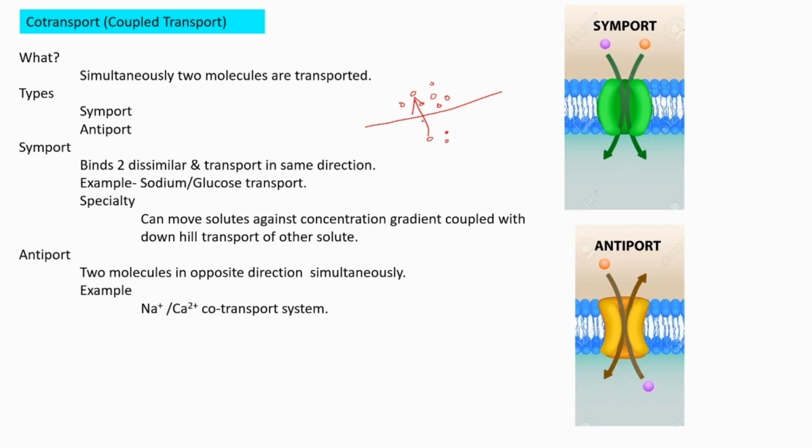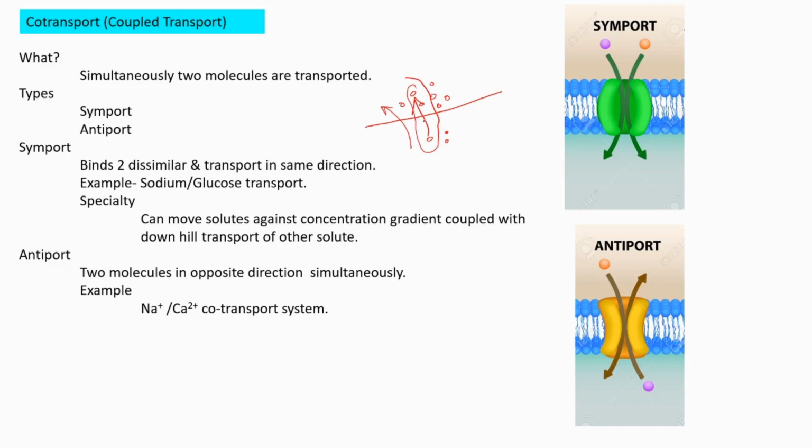We understand that it requires some energy. From where is that energy obtained? That energy is obtained from the downhill transport of some other molecule that is taking place in the direction of the concentration gradient. Clear? Because here only this transport is against the concentration gradient.